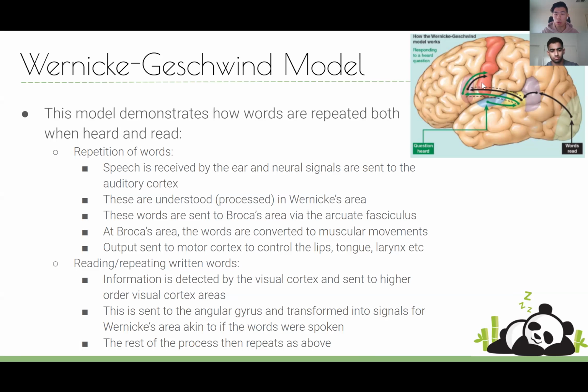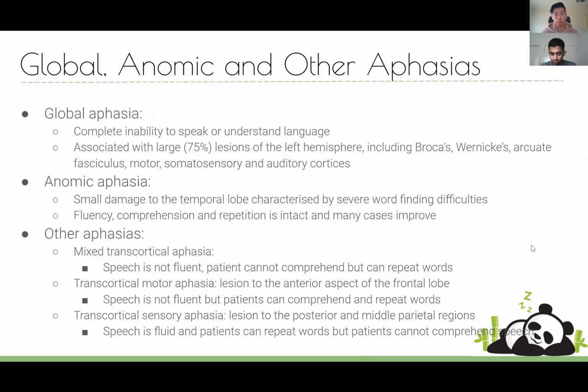These are then sent to the motor cortex to then produce the sounds through your lips, tongue, larynx, whatever. The same kind of idea is done with your reading and writing. So you're seeing with your visual cortex, and then it's processed into Wernicke's area, and the rest is the same. So it's the same model, basically saying between hearing and speaking, or hearing and reading, it's just different processes.